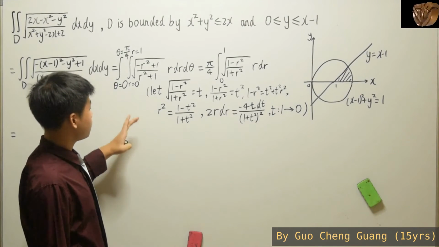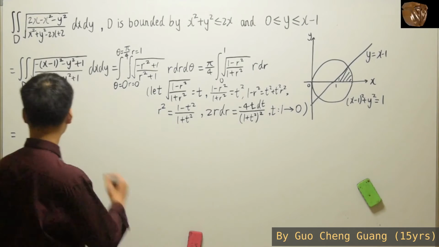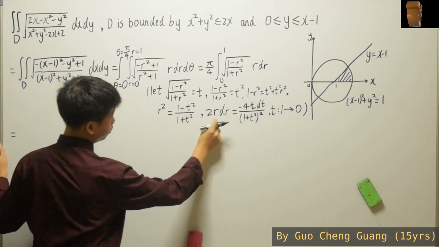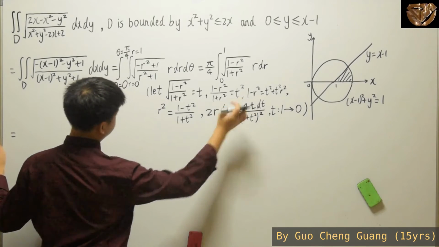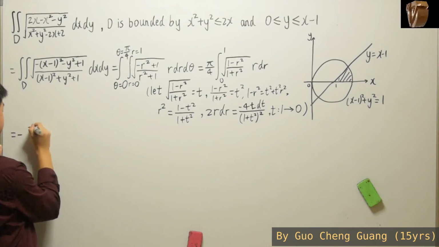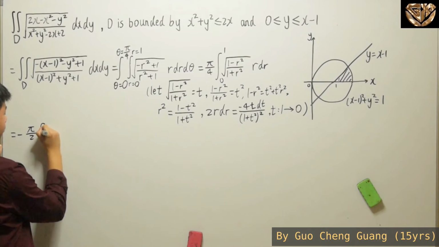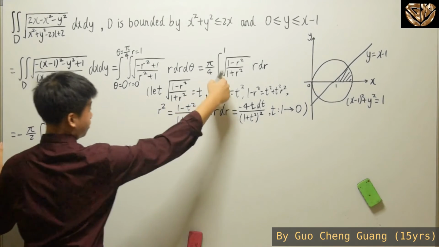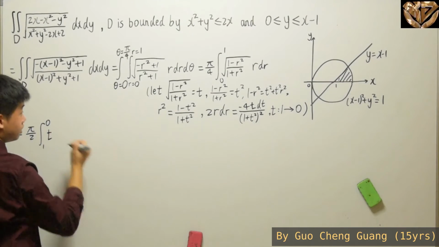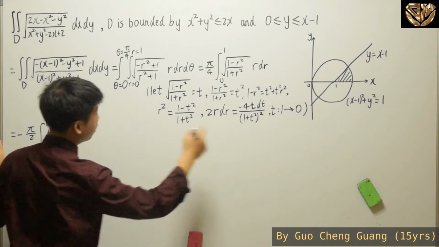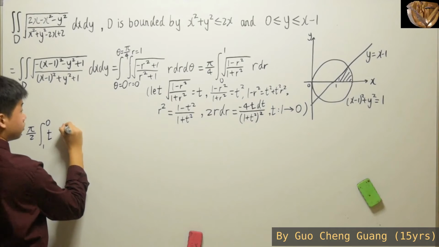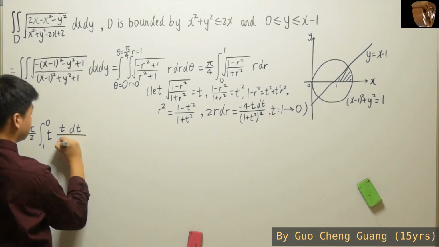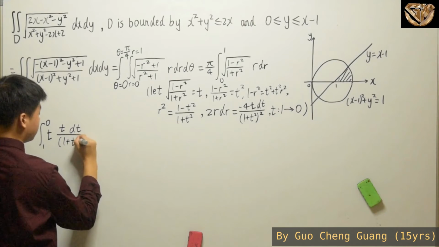Alright, so let's put these in. That means you have pi over 4, so if you realize 2, you can divide it to the other side, which you will just get another 2. So negative pi over 2, integrate from 1 to 0. Then this term here basically becomes t, while r dr becomes t dt over 1 plus t squared.